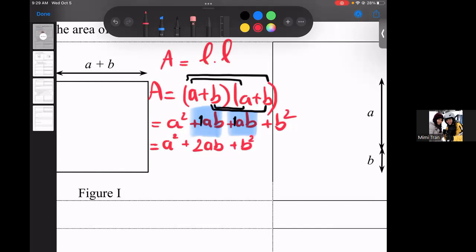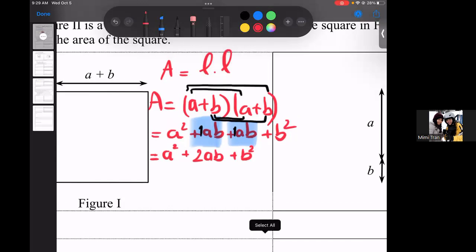So far, so good. All right. What does (a plus b) times (a plus b) equal? If I ask you what's x times x, you say what? X squared, right?